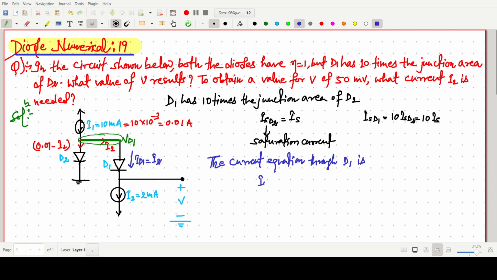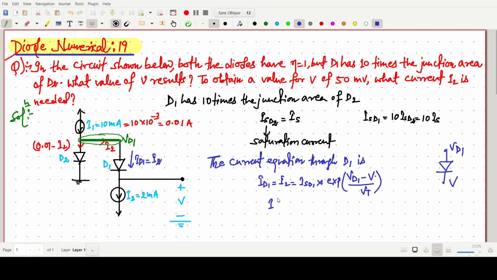So one can write ID1 equals to I2 because this one is I2, but we can write ISD1, the reverse saturation current of D1 diode, into EXP of VD1 minus V, because this one is a diode. This voltage is VD1 and this voltage is V. So VD1 minus V by eta VT. But eta is already given 1. So it should be simply VT.